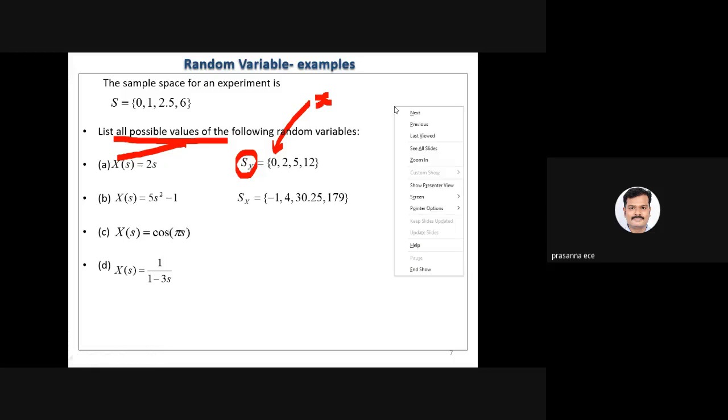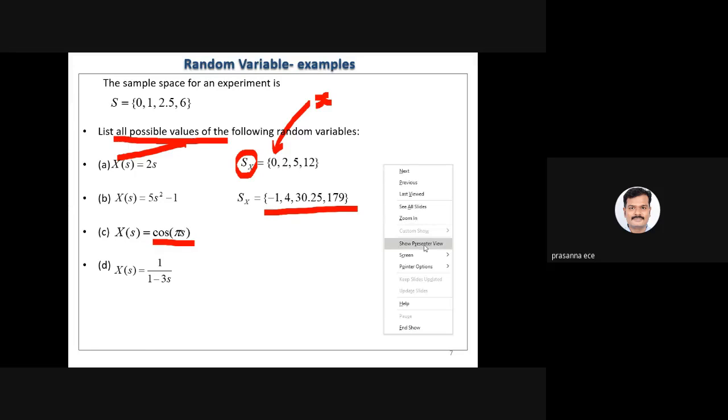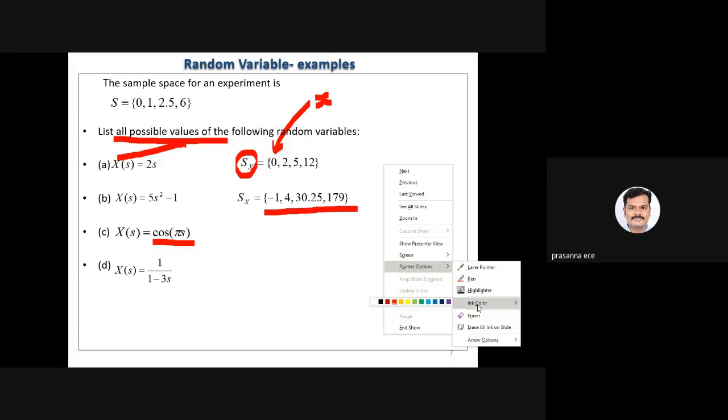The thing is, we are listing out a set, and a set should not have repeated elements. So we have minus 1, 1, 0, and the last one coming again as 1 we don't repeat. We are just listing out all the possible values, so here we'll have only 3 different values.